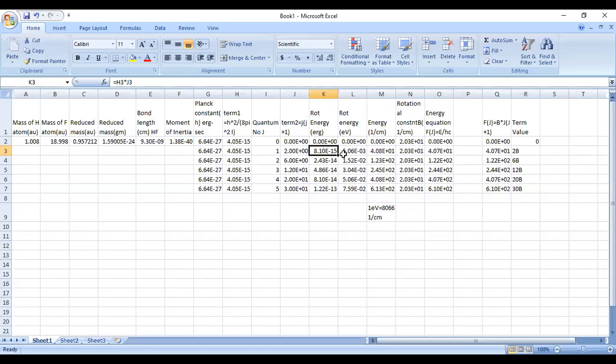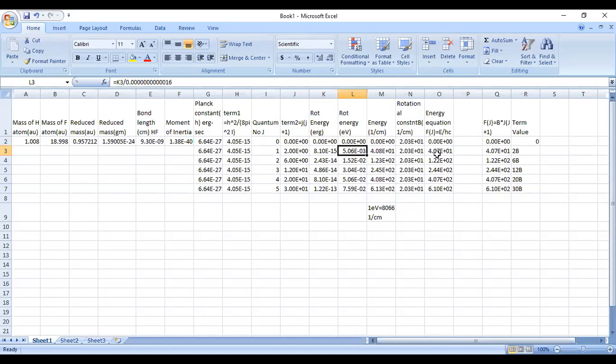The same energy I have converted into electron volts, and now I convert my energy into wave number units. What you do is divide E by hc, right?